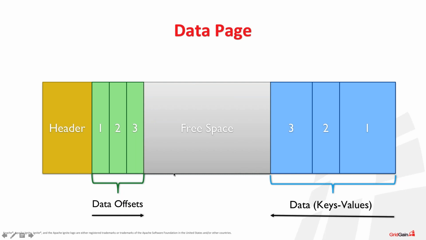As for the data, it represents just key value records. And for sure, all the records may, and usually do, vary in size. Like here you can see that record 1 is bigger than record 2 and record 3. And all of the values are added to the right of the data page, so the values grow in the direction from right to left. And also we have to track so-called data offsets.